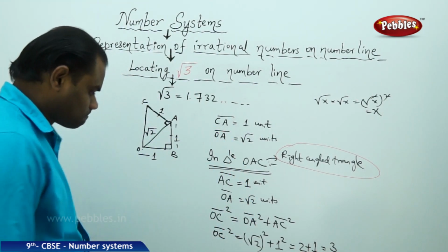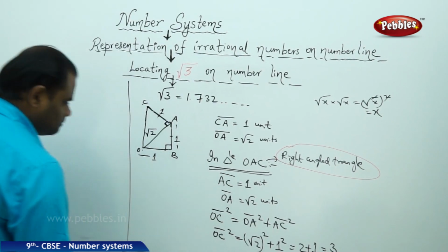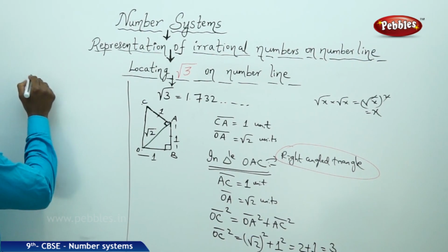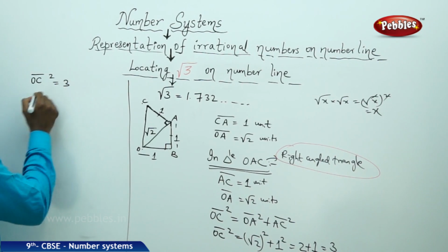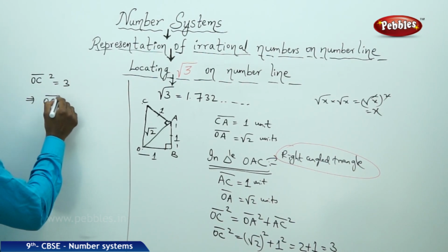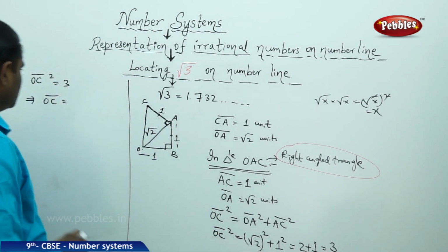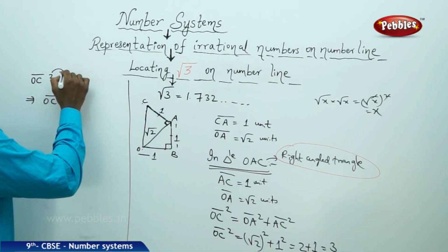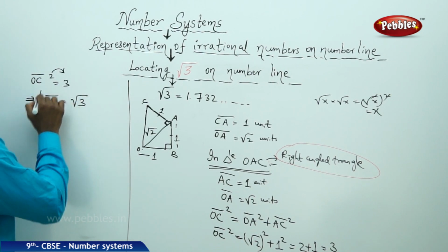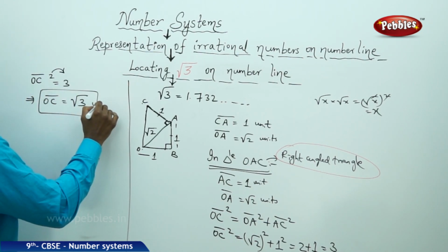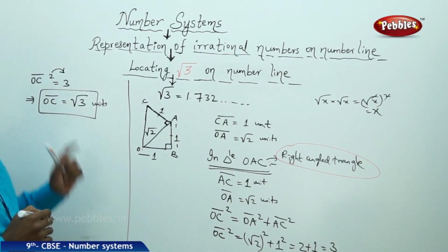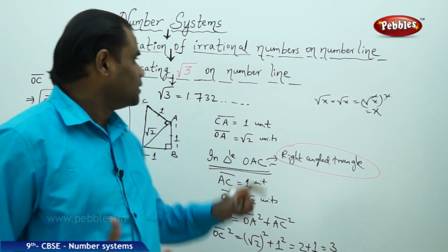Now when I further simplify this, I get OC square is 3. That implies my dimension OC is square root of 3 units. So this is how I get the dimension of OC.